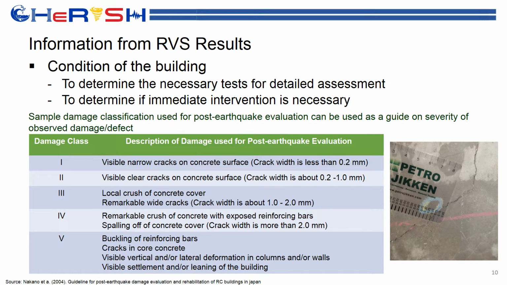But if we have cracks of more than 2 millimeters, then probably we need to do an immediate structural intervention in the building. So that is the importance of the condition specified in the RBS.